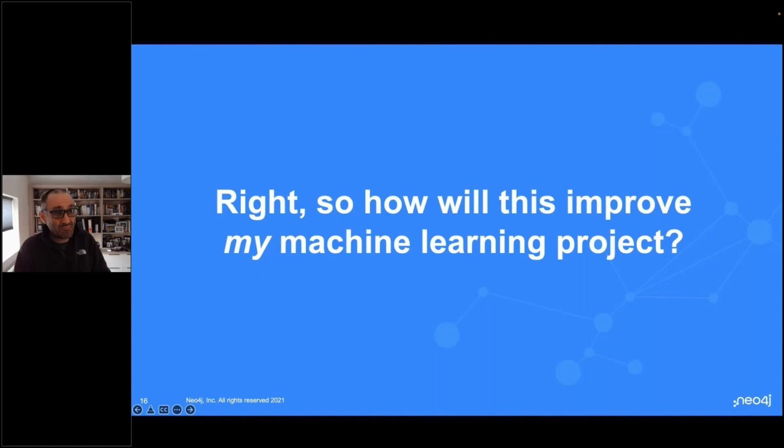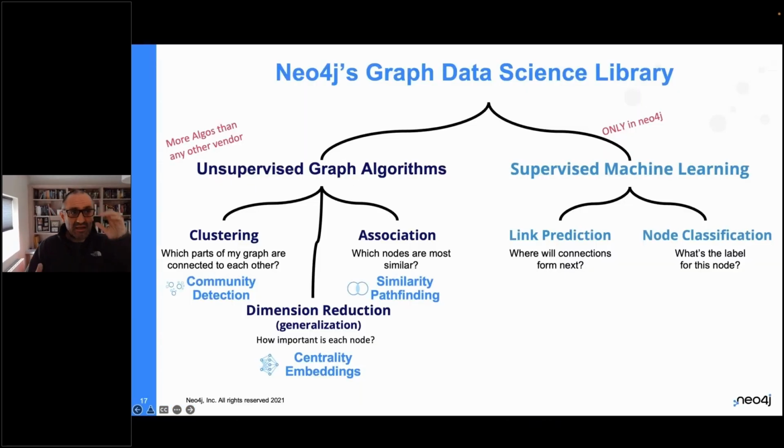So how's this going to help my ML project? Well, how I think about it is that we have a kind of bifurcated world. Neo4j will provide you out of the box with a bunch of unsupervised graph algorithms. So these are for things like clustering, community detection, centrality, so you get PageRank and all that kind of stuff. And we also get some supervised machine learning.